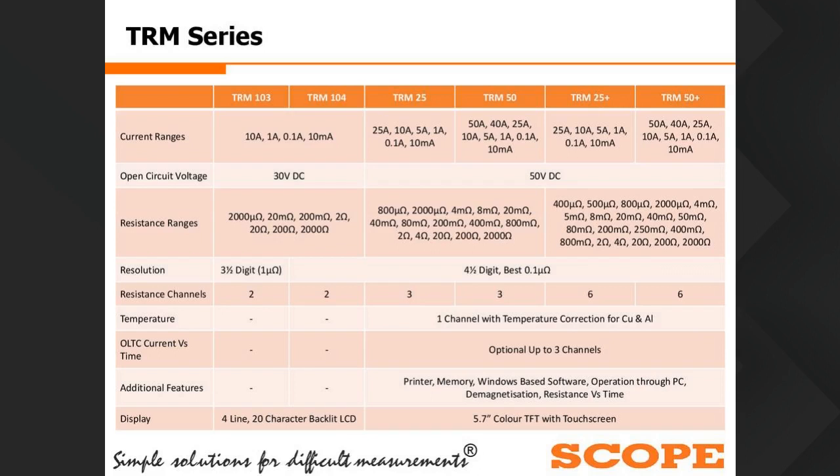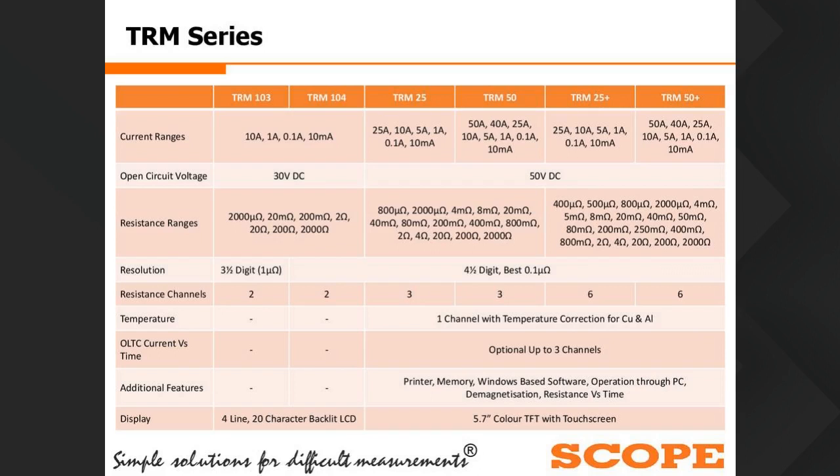For the advanced models, TRM 25, TRM 50, TRM 25 plus, and TRM 50 plus, plus stands for models having 6 resistance measurement channels, and TRM 25 and TRM 50 are the models having 3 resistance measurement channels. TRM 25 and TRM 25 plus have a current range up to 25 ampere, with 10 milliampere as the minimum, and middle ranges are also there: 10 ampere, 5 ampere, 1 ampere and 0.1 ampere.